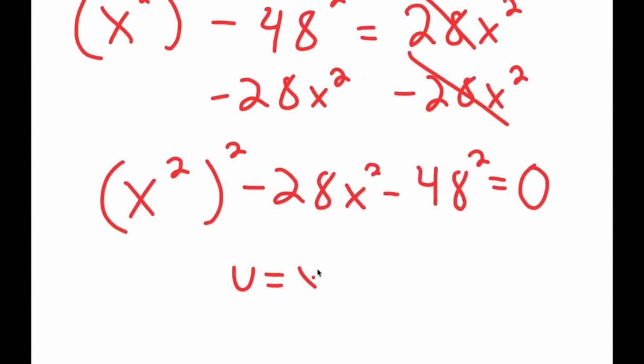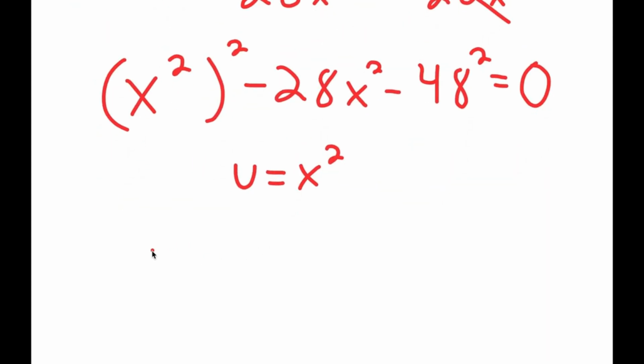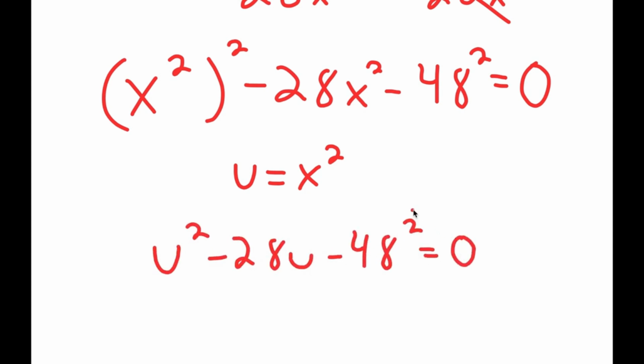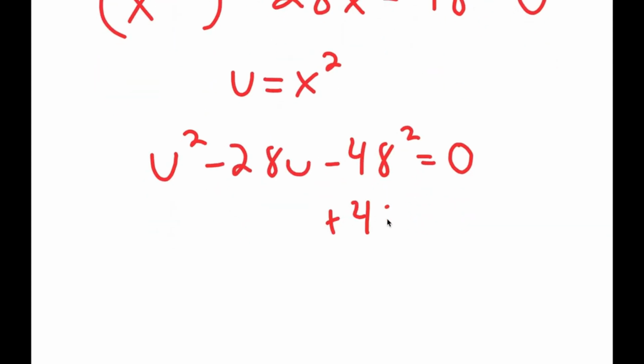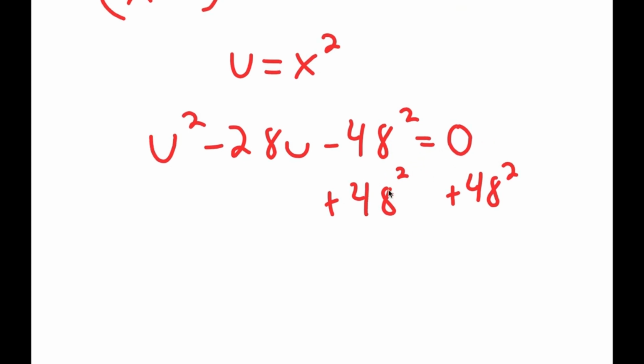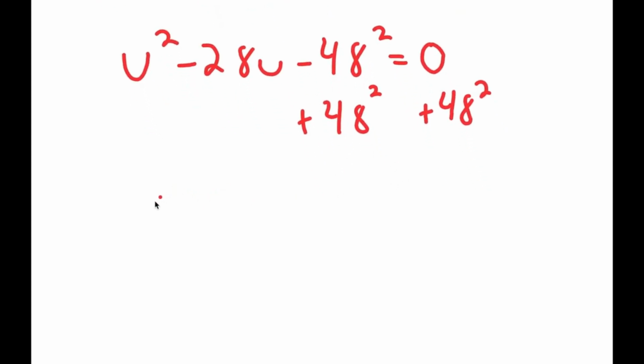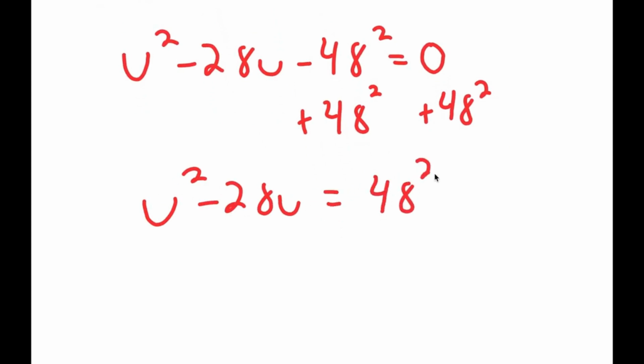Now I'm going to set u equal to x squared. So I get u squared minus 28u minus 48 squared is equal to 0. And now I can solve this by completing the square. So I'm going to add 48 squared back, and now I get u squared minus 28u is equal to 48 squared.